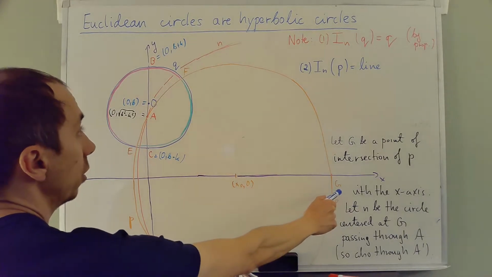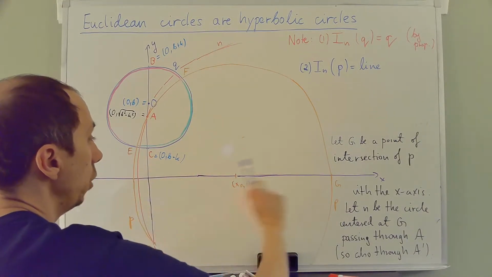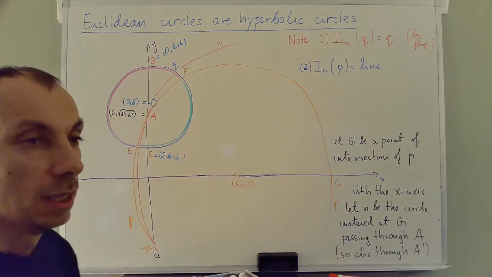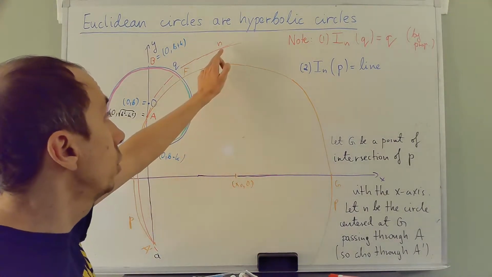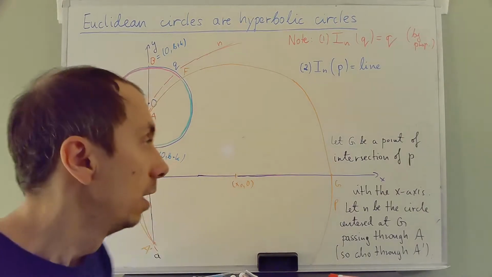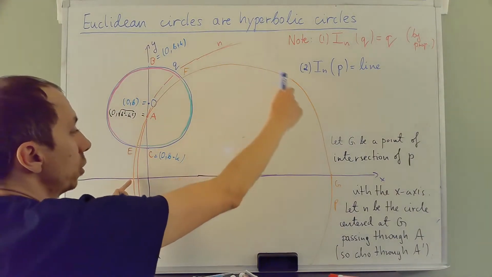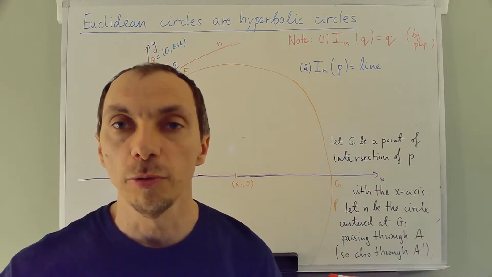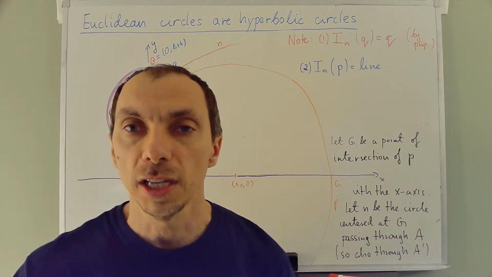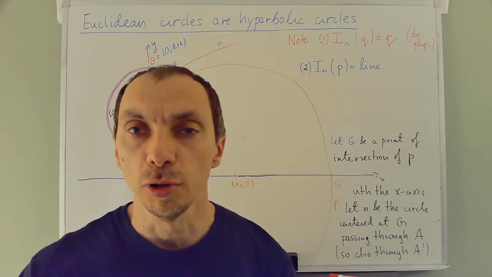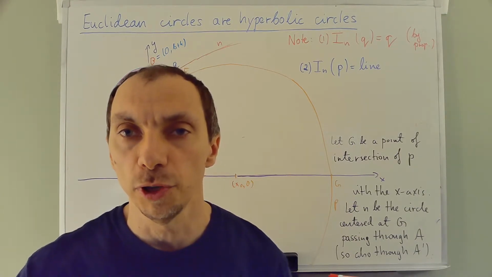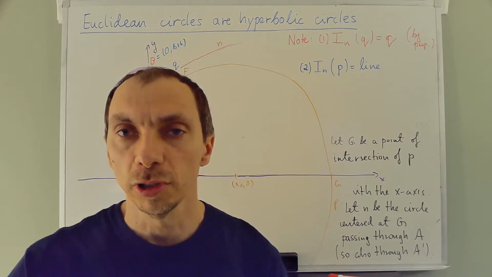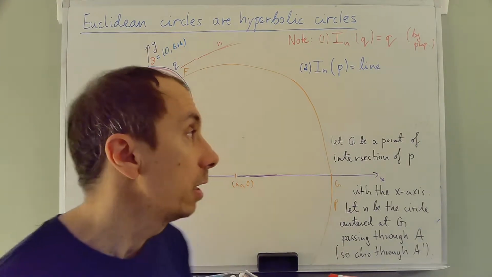Because of the choice of that circle N. Note, G is the center of the circle N. And I'm taking the inversion with respect to N. So the circle P, the orange circle, passes through the center of inversion. And what we know from the theory of inversions is that the image of a circle that passes through the center of the circle of inversion is a line. Any circle that passes through the center of inversion is mapped to a line.